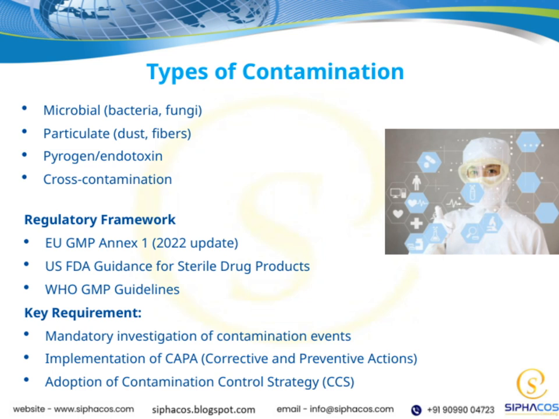Finally, cross-contamination is a significant concern, especially in environments where multiple products are processed. It can lead to product mix-ups or safety issues, so strict controls are necessary to prevent it. All these points connect back to our overall goal: maintaining the highest standards of safety and quality through robust regulatory adherence and contamination control measures.